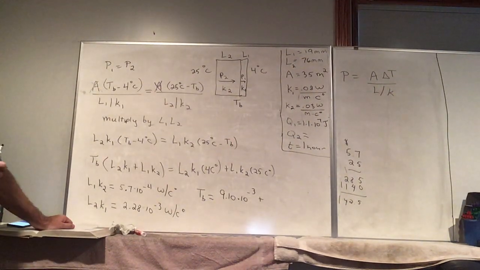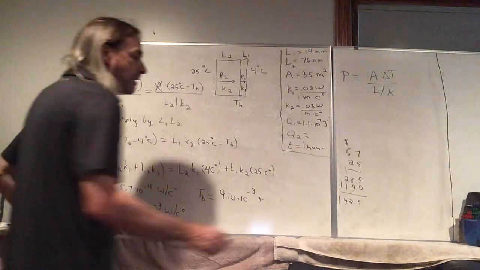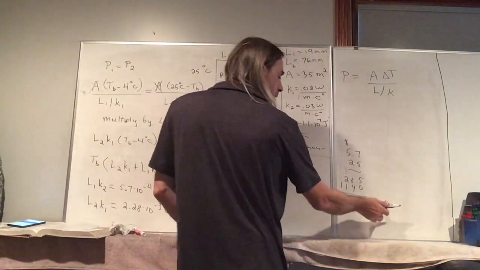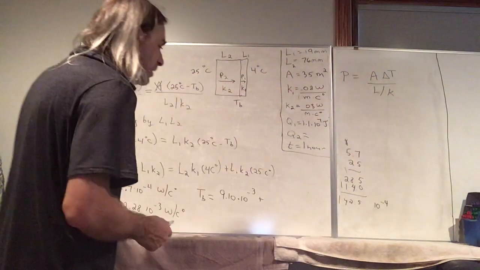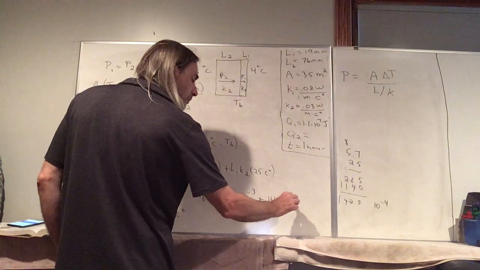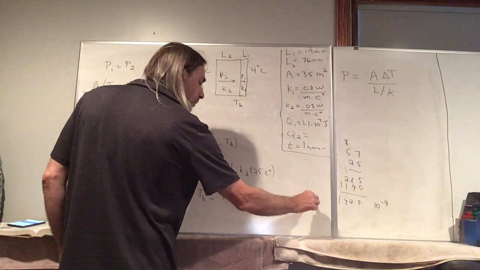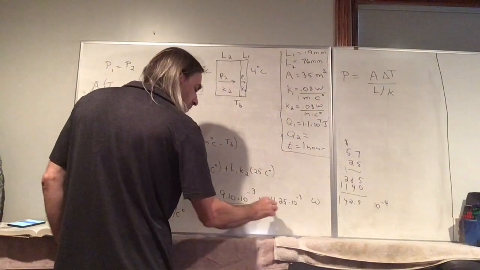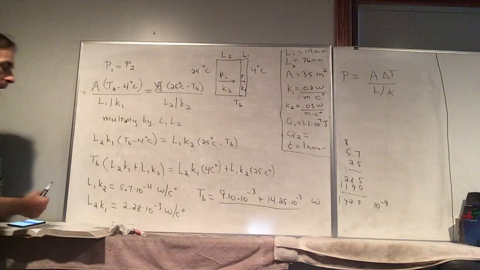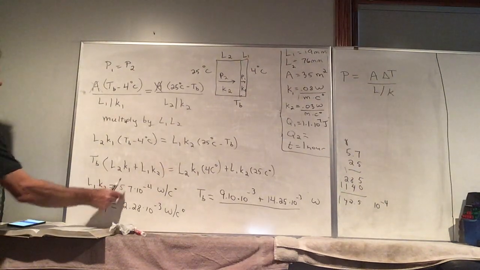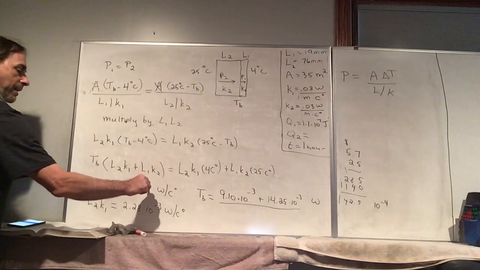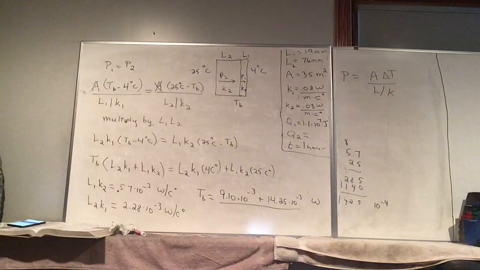Alright, so this is let's say 14.25. Actually, I think it'll be easier, let's divide this by 10 and then multiply this one by 10, just so they get the same exponent. It'll be much easier to add them.